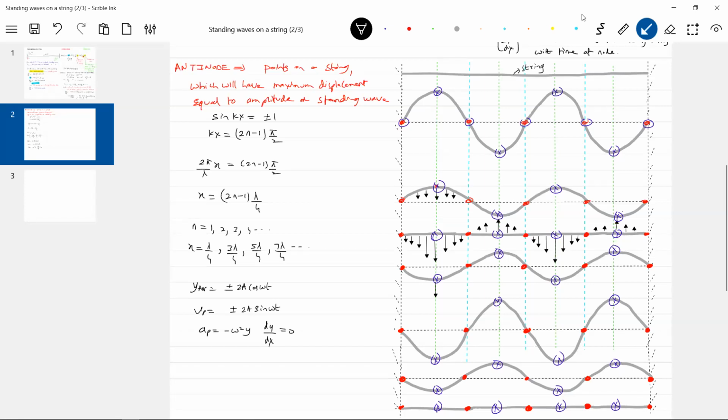Again, it will be moving down. The length of the arrow will indicate the magnitude, just for our convenience. And they have come finally to the extreme position.